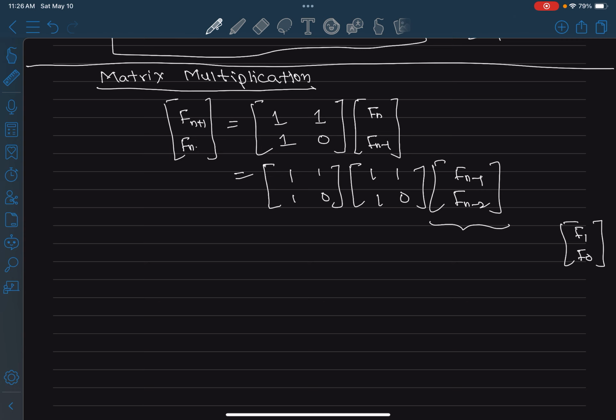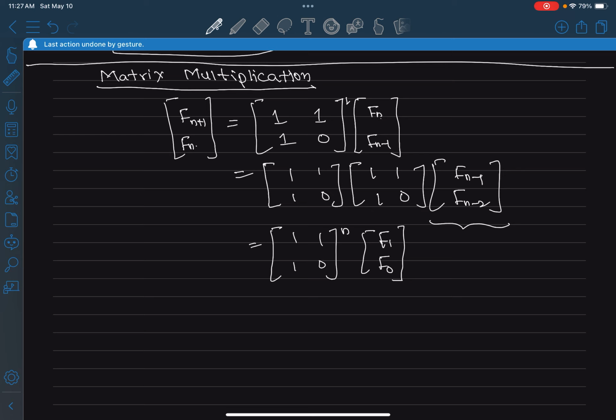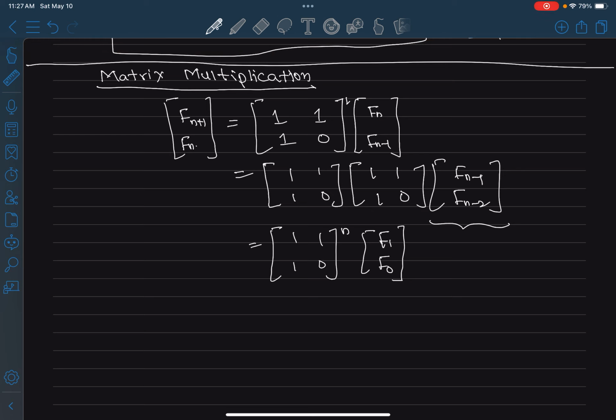When it does that, we will have the matrix [1 1; 1 0] to the power n times f1, f0, right? Just to make sure we are right, when the power is 1, the subscript is n plus 1. Also over here, when the power is n, the subscript is 1, so n plus 1. That is conserved, and that's how you can verify.